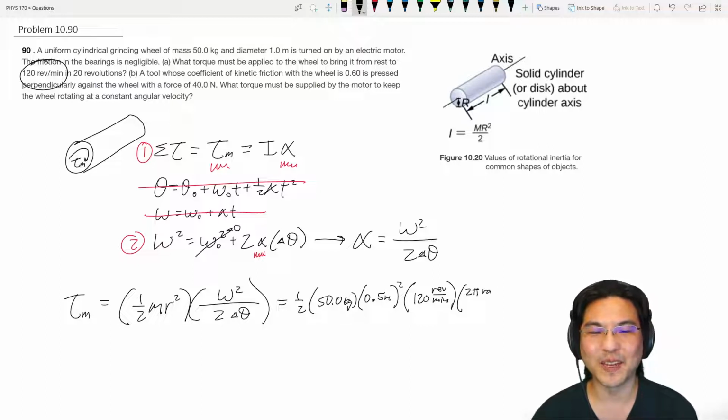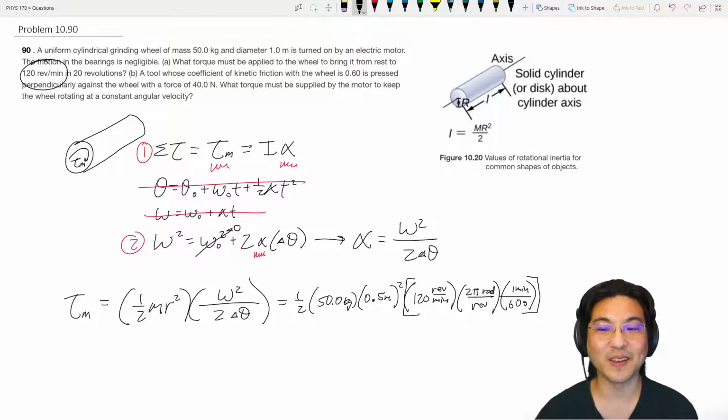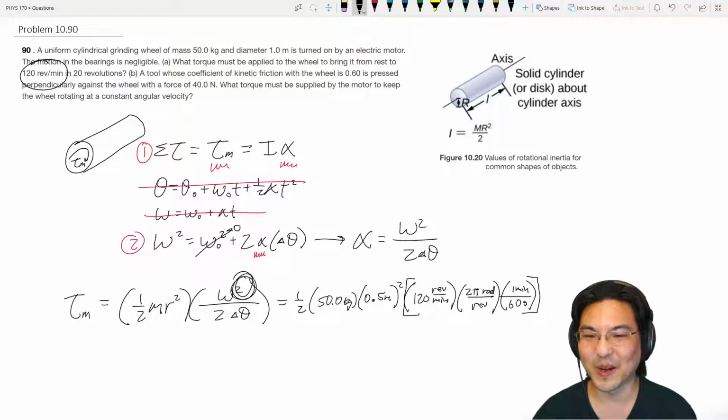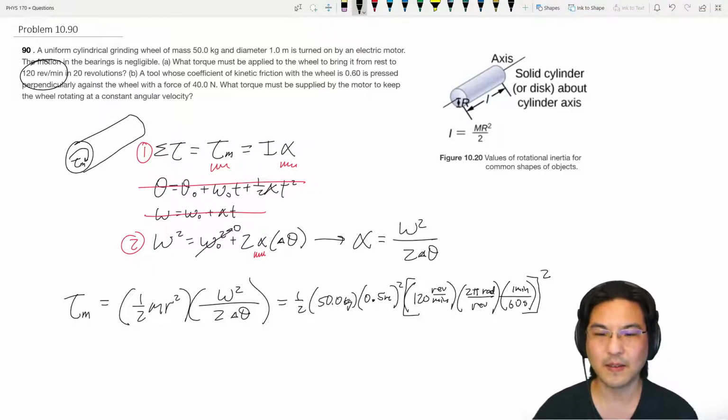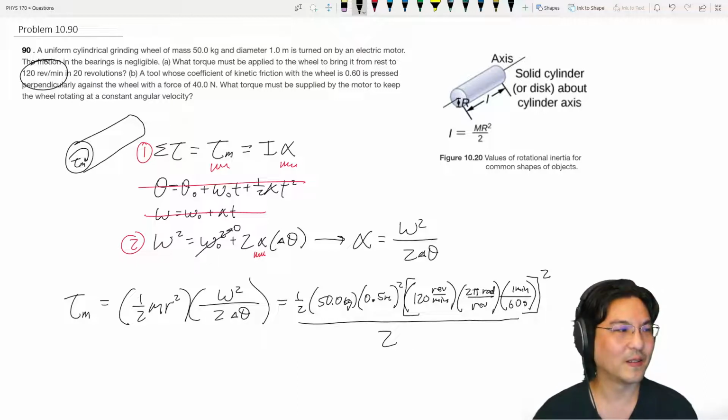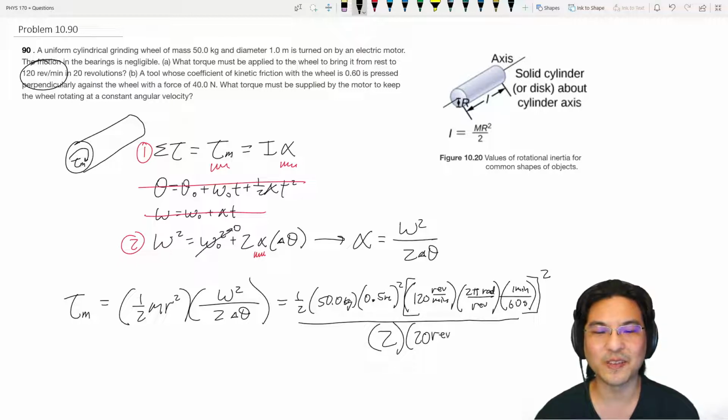2 pi radians per revolution. 1 minute is 60 seconds. So this altogether would be radians per second, and just be careful, it's squared. This squared. And then there's stuff in the denominator. 2, and then the angular displacement, which was 20 revolutions.